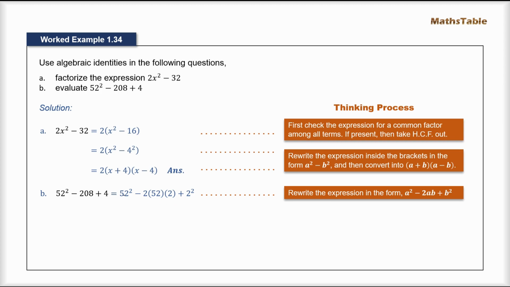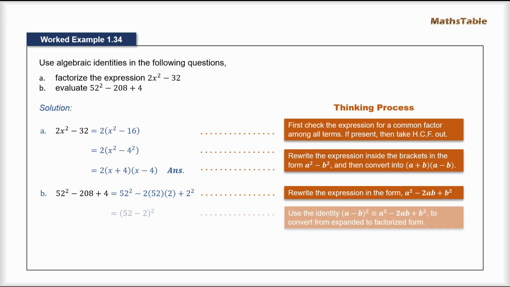Now in the next step, as we have now formed the similar expanded form of the second identity, and we have found out the values of a and b in this case, we can now simply convert the expanded form of this expression into the factorized form, which was a minus b whole square, substituting 52 in place of a and 2 in place of b.